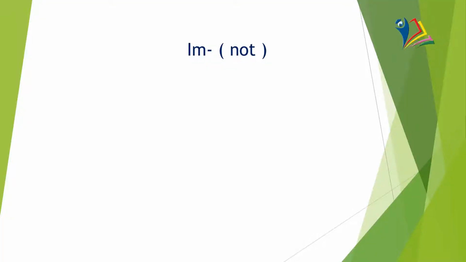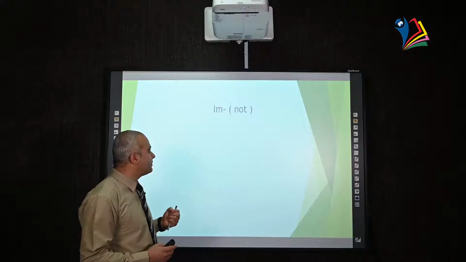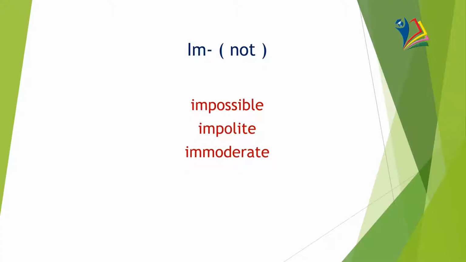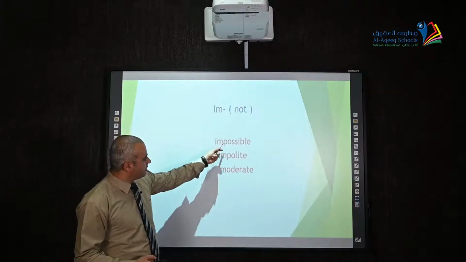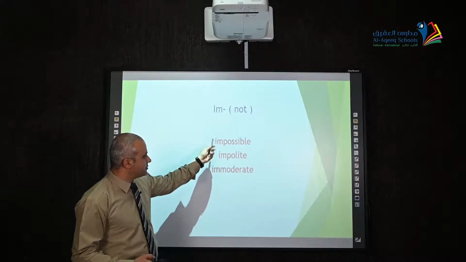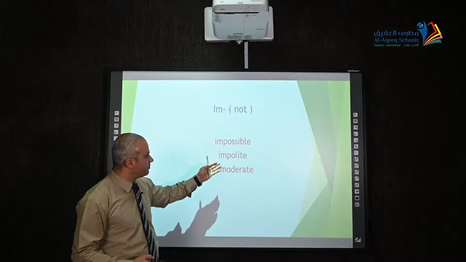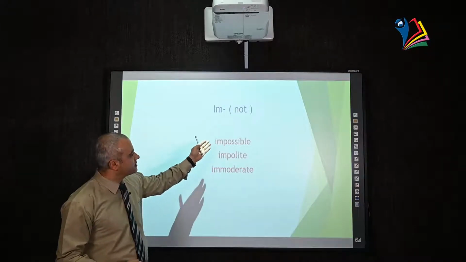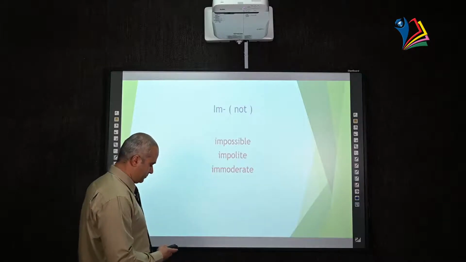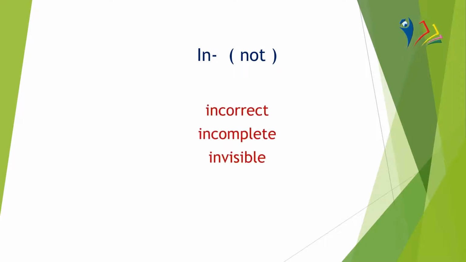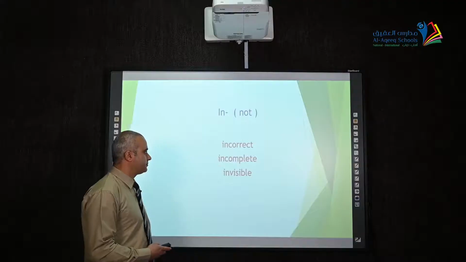Im: most often we use the prefix im with a word root that begins with the letter M or P. Impossible, impolite, immoderate. Possible, polite, moderate. These word roots begin with the letters P or M. So most often we use the prefix im with word roots that begin with the letters P or M. In means not: incorrect, incomplete, invisible.